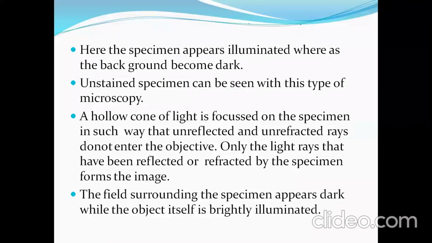A hollow cone of light is focused on the specimen in such a way that unreflected and unrefracted light do not enter the objective. Only the light rays that have been reflected or refracted by the specimen form the image. The field surrounding the specimen appears dark, while the object itself is brightly illuminated. This is the basic point of the dark field microscope.